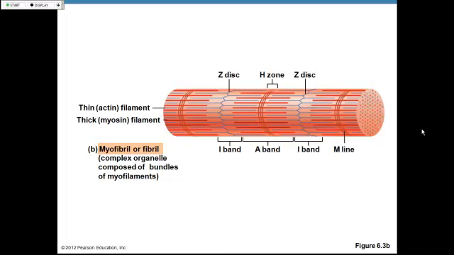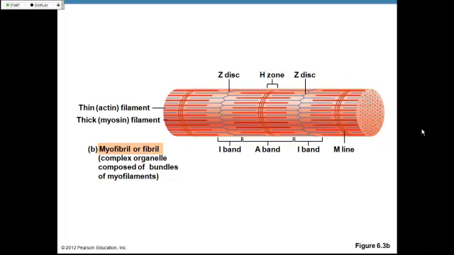Collectively, we refer to the actin and myosin proteins as myofilaments. And so at this stage, usually most of my students are going, okay, there's too many M words and I'm not sure where I am anymore, okay?